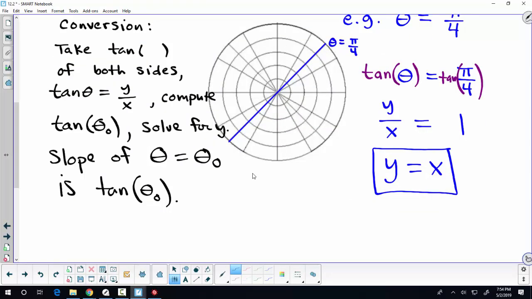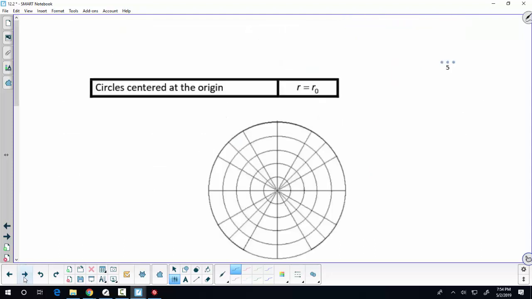So those are lines through the origin. Circles centered at the origin are given by r equals r naught. For example, r equals 4, what do you think that is in polar?